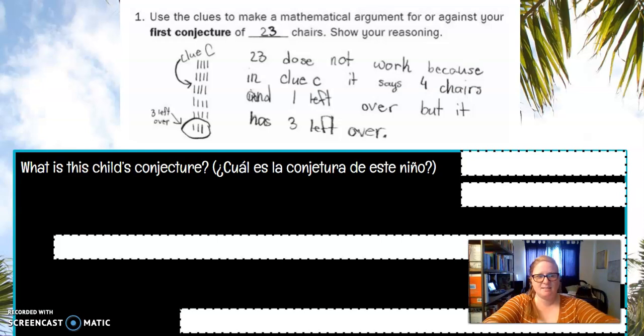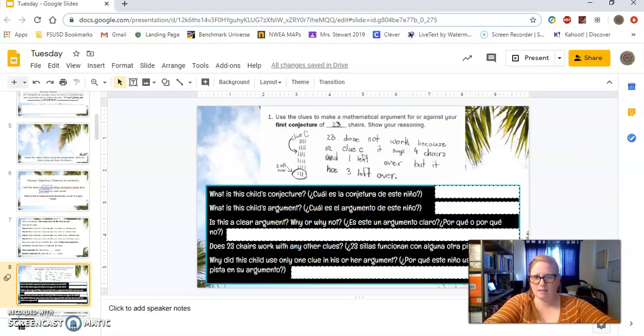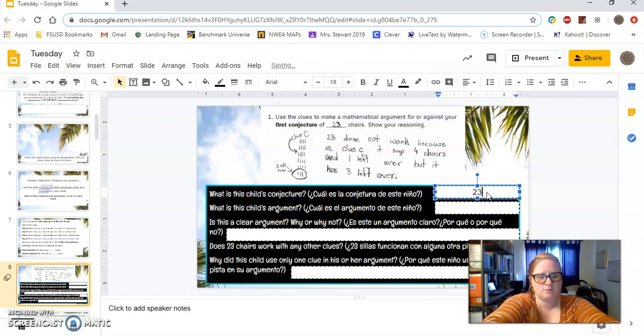What is their guess for that one? 23 chairs. What is the child's argument? So this is where the child's argument is. 23 does not work because in clue C, it says 4 chairs and 1 left over, but it has 3 left over. So let's make sure that that is accurate.